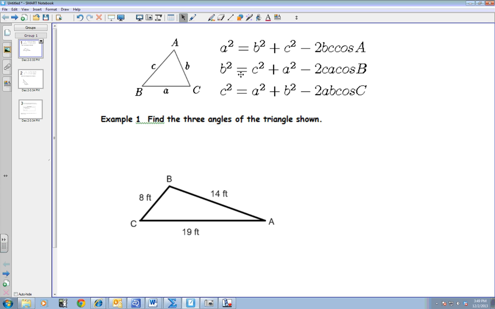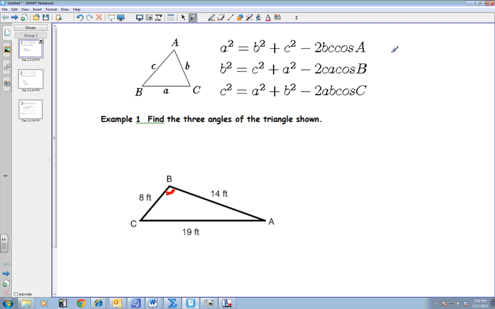And when I have a side-side-side triangle, my first step is to find the angle opposite my longest side. Side B is my longest side, so I want to find angle B first. And that's what you'll do every single time you have a side-side-side case. All right, so I need to find angle B.